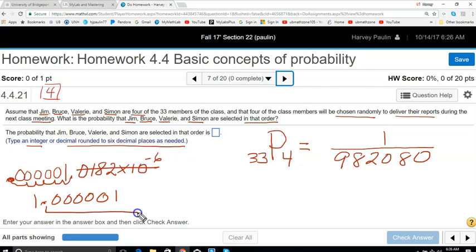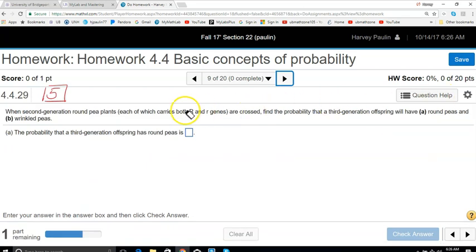So this would be the probability with the decimal rounded to 6 places. Now if you need a little more help on this one, let me know, especially working with scientific notation. Now for number 5, this has to do with Mendel's work.